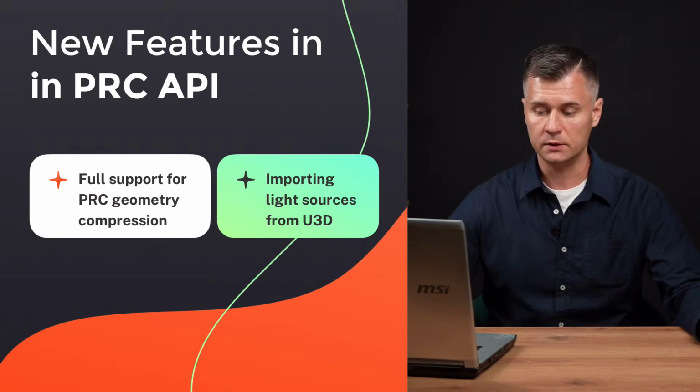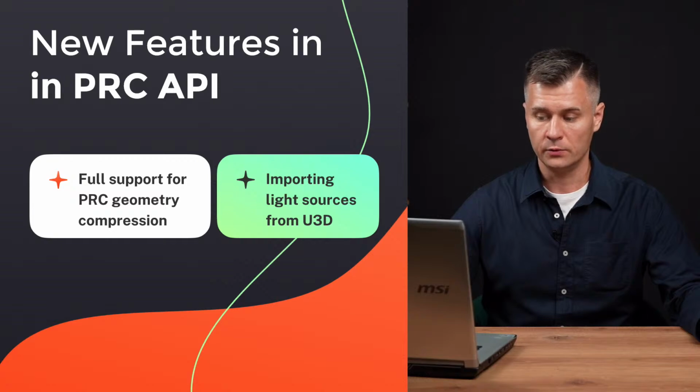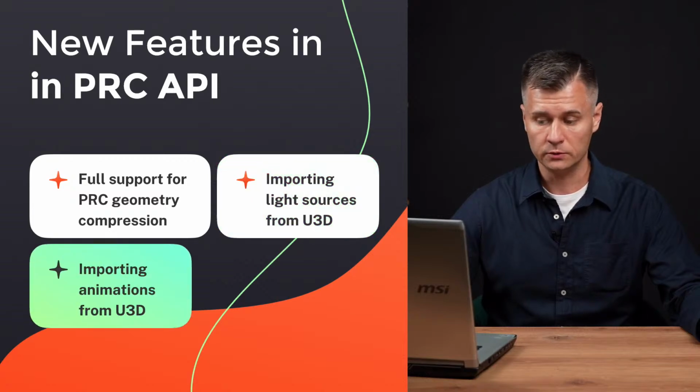Additionally, we enabled support for importing light sources from U3D into Visualize, and we also enabled support for importing animation from U3D into Visualize. The situation is that the U3D format can contain animation and lighting sources.